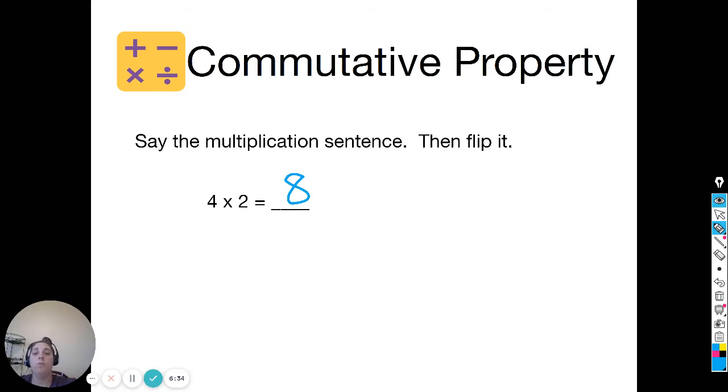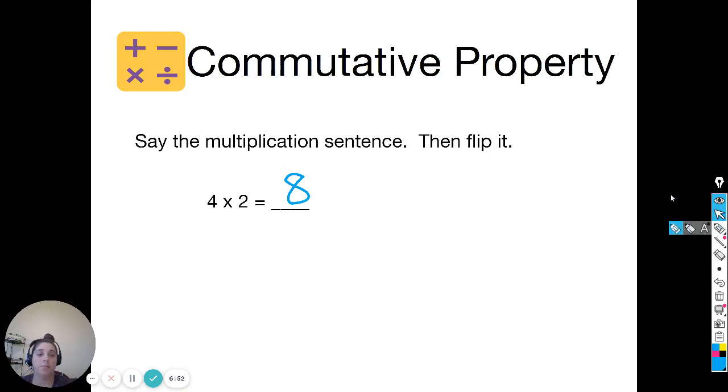So let's say that whole multiplication sentence all together. Ready? 4 times 2 equals 8. One more time. Go ahead and make sure you're saying it out loud. Ready? 4 times 2 equals 8.